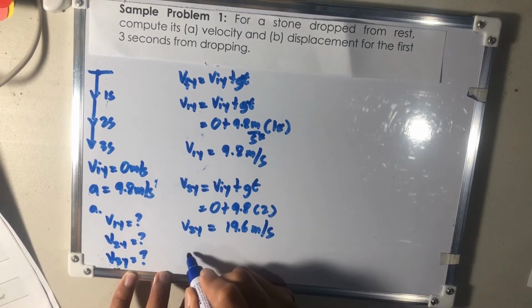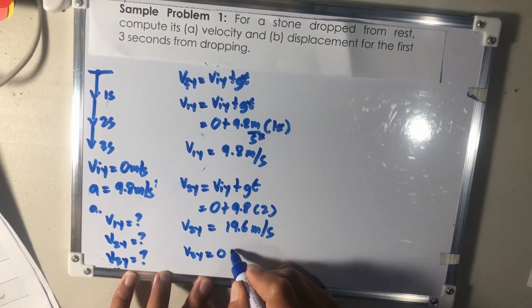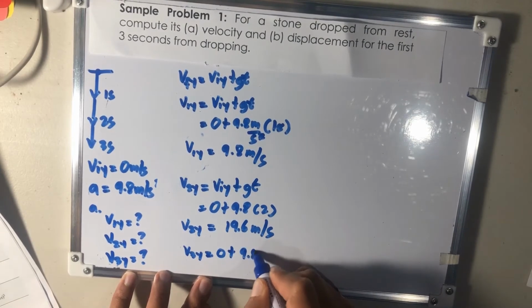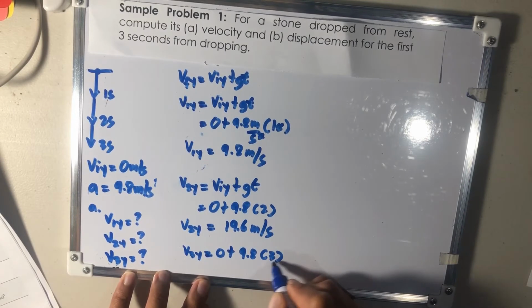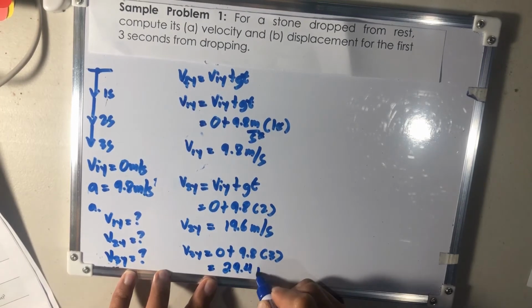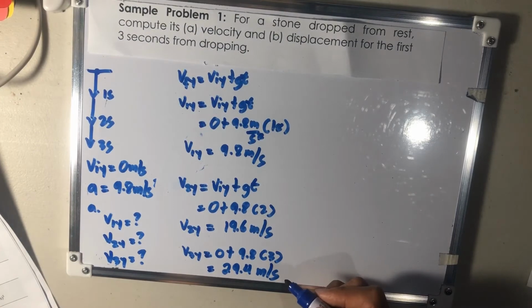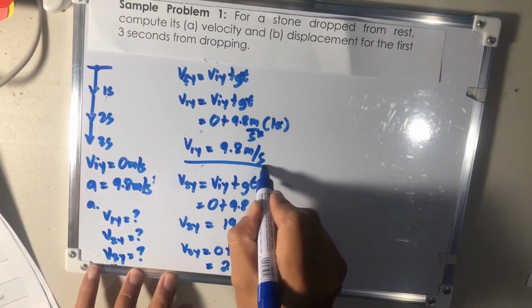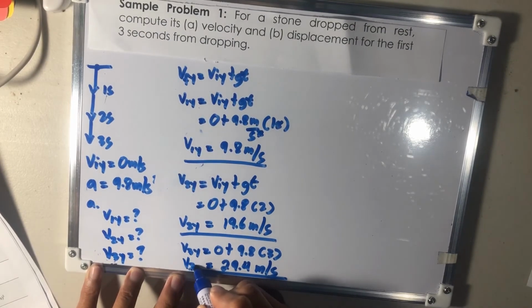Then V3y is equivalent to 0 plus 9.8 multiplied by 3, since we are solving for the velocity after 3 seconds. This will give us a value of 29.4 meter per second. So these are the values of the velocities after 1 second, 2 seconds, and 3 seconds.